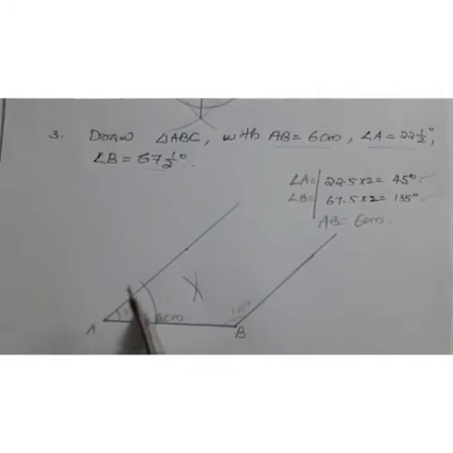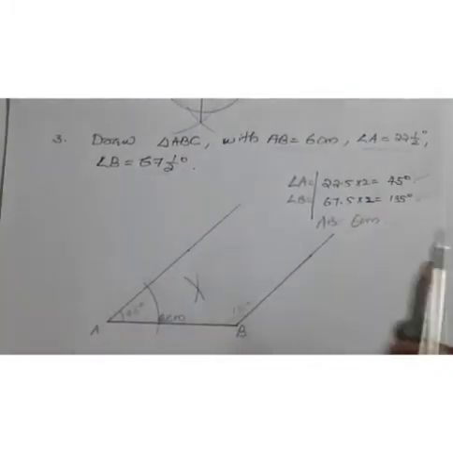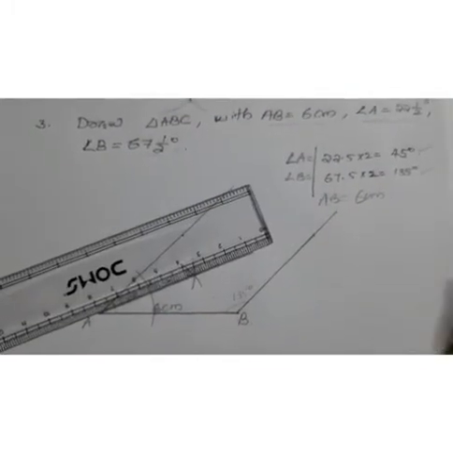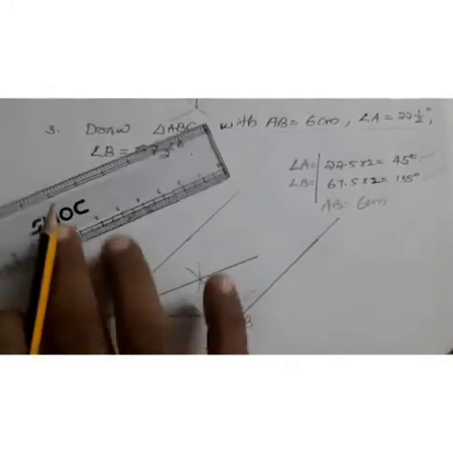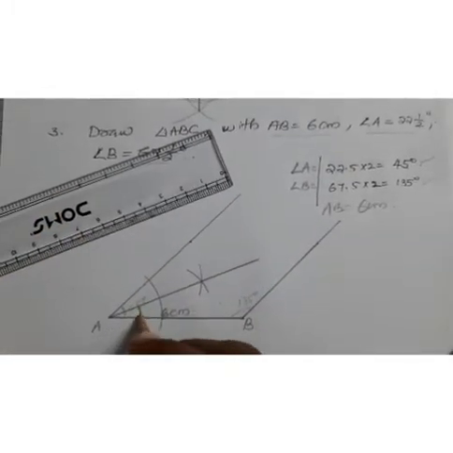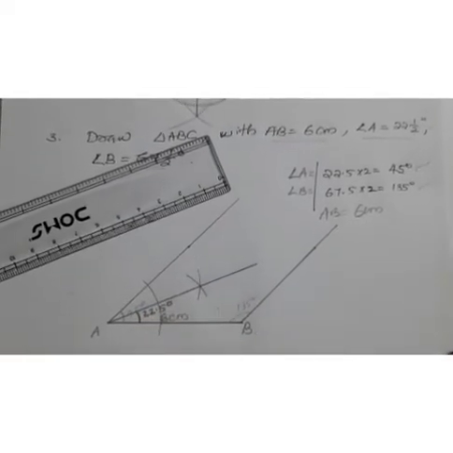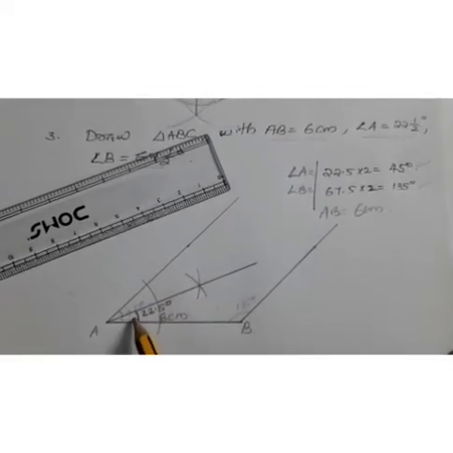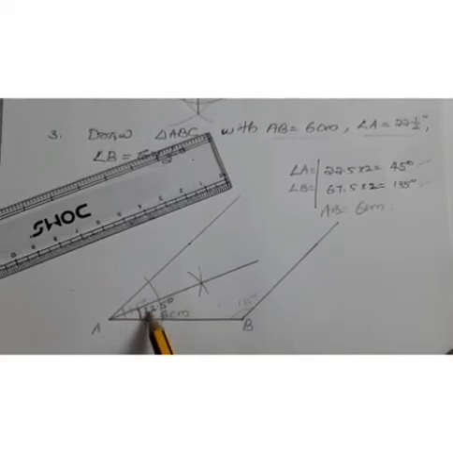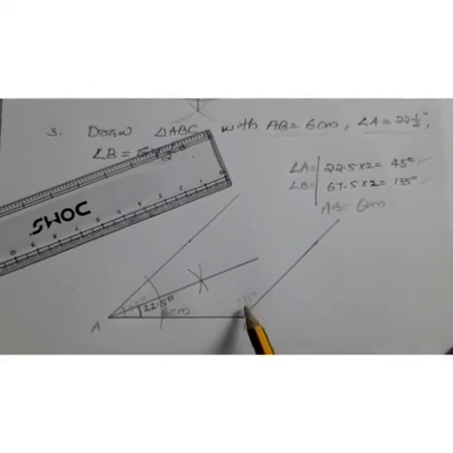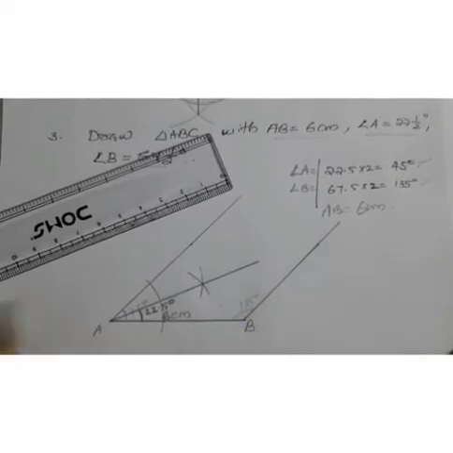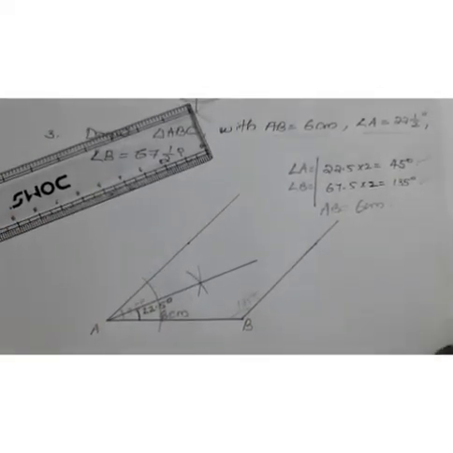Then what do you do? You have to join these lines. Join the line. We will get this angle as how much? 22.5 degree. So this is the angle bisector of 45. That is for 22.5. Same like you have to draw the angle bisector for 135 also.